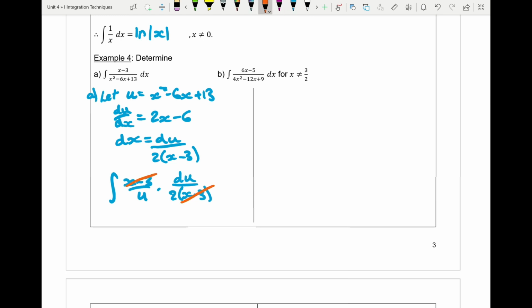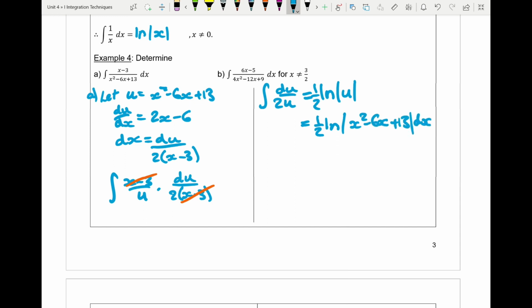So this is the same as finding the integral of du on u, which is just the natural log of u, times a half, because we can take out that factor of integration. And so we're left with 1/2 natural log absolute value of x squared take 6x plus 13.